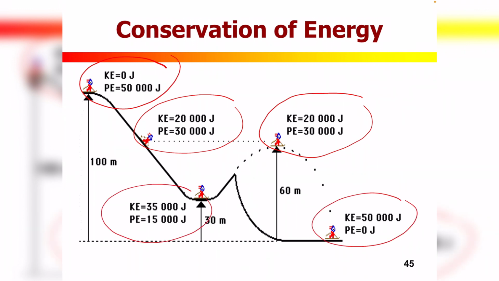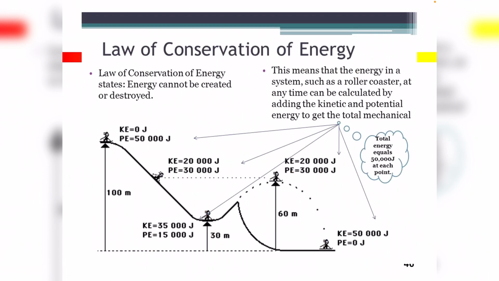Okay, and you could also see here the distance. Now look at what happened. The energy there was maintained. So the total energy in all the areas there is the same. It's 50,000 joules. Is that clear?